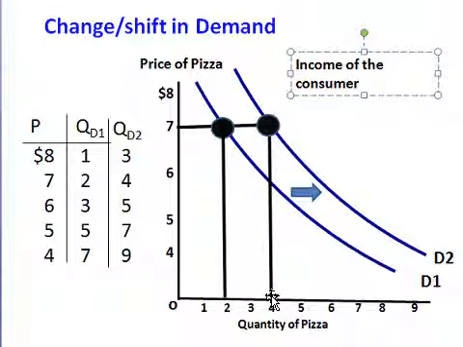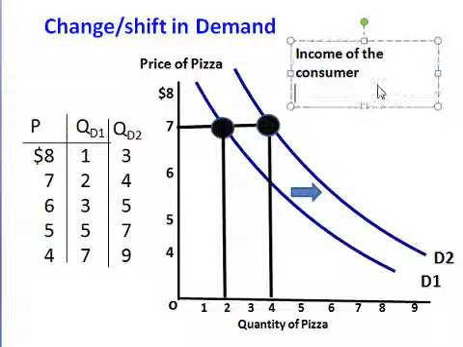So that is why I am saying this shifting right or left, the demand curve can go right or left, only happens when the price of the product is fixed but other factors change, such as the income of the consumer, right?